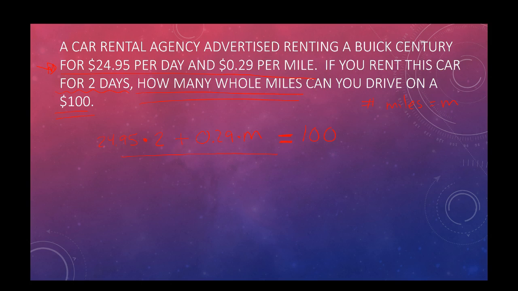Okay, so let's go ahead and solve it. $24.95 times 2 gives me $49.90, plus the 29 cents times the miles equals 100. Now let's subtract that, and we get $50.10.